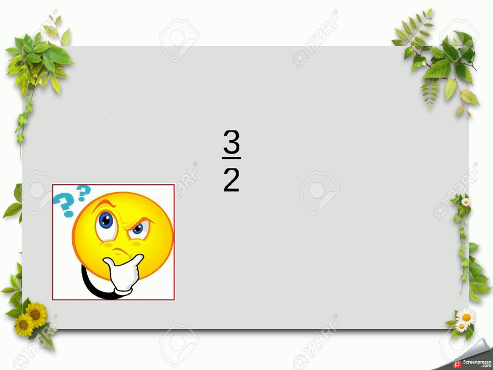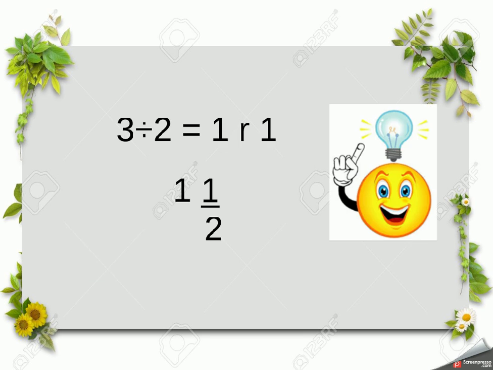If you can remember, you divide the numerator by the denominator. In this case, 3 divided by 2 is 1, remainder 1. We put how many times it goes in as the whole number, and the remainder becomes the numerator with the denominator staying the same.